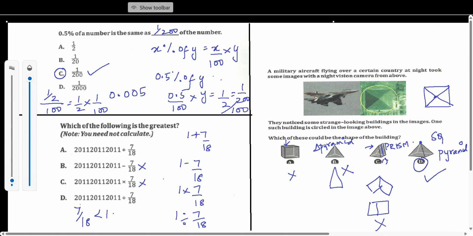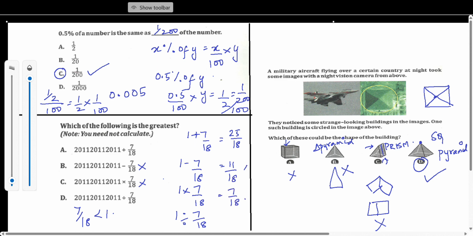D is this big number divided by 7 by 18. Now, division normally makes the number smaller. But when you divide by a fraction, especially when the fraction's value is small, the result is going to be very, very big. Here, this will give us 25 by 18. Here, this will give us 11 by 18. This is going to give 7 by 18.